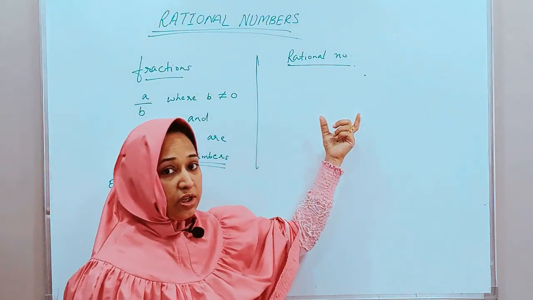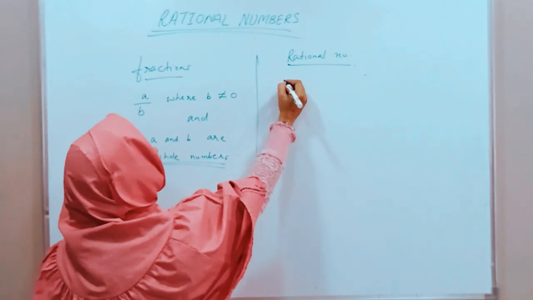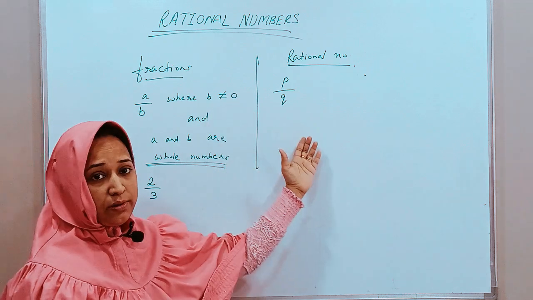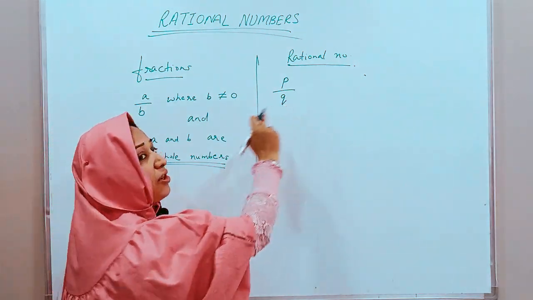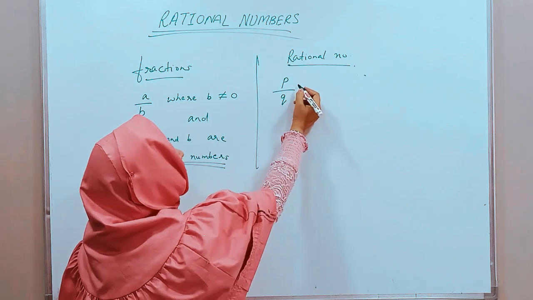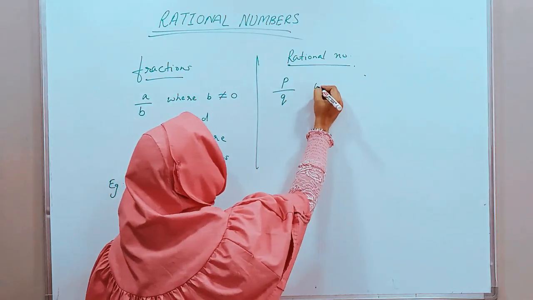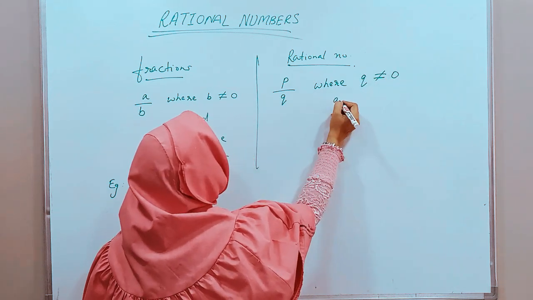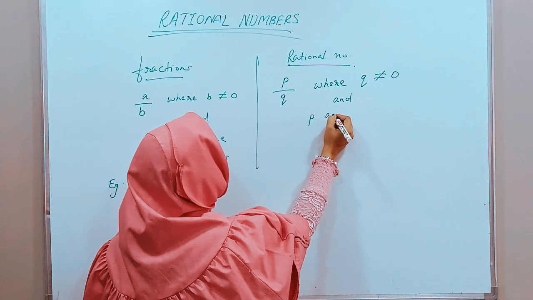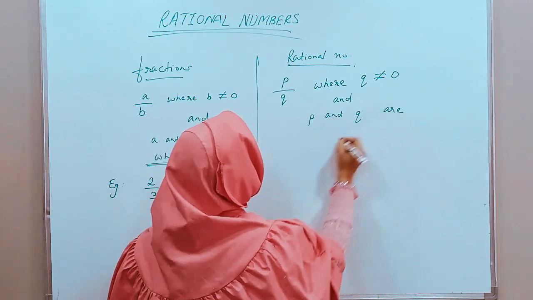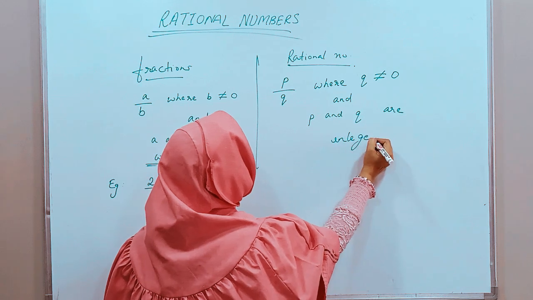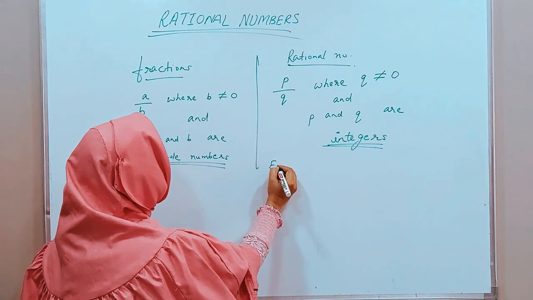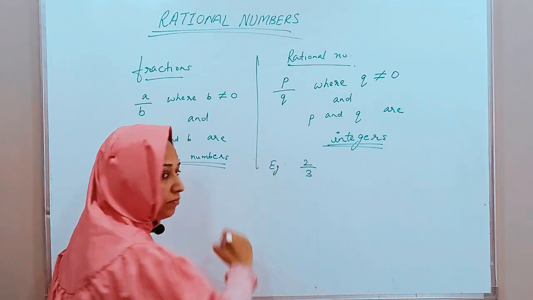Now when we talk about a rational number, we say any number in the form p upon q. You can also say a upon b, it is okay because they are variables, so any letter is okay. This is the general standard form where we say a number in the form p upon q, where q is not equal to 0 and p and q are integers. For example, 2 upon 3.